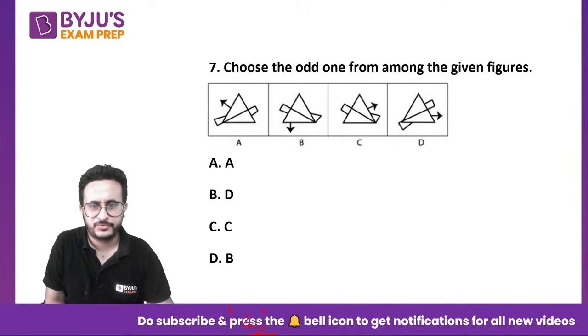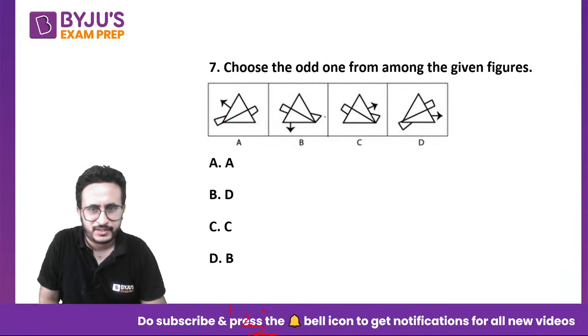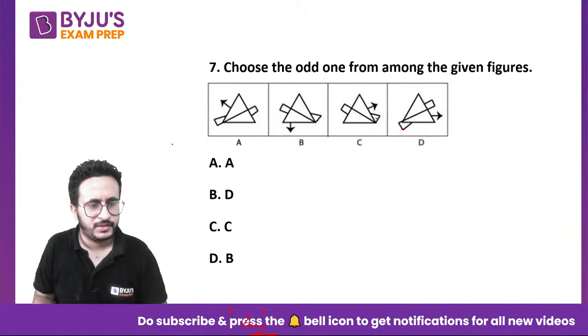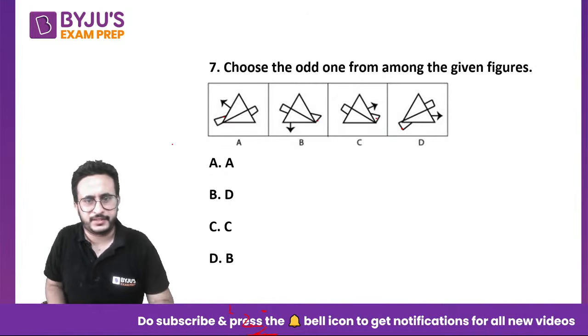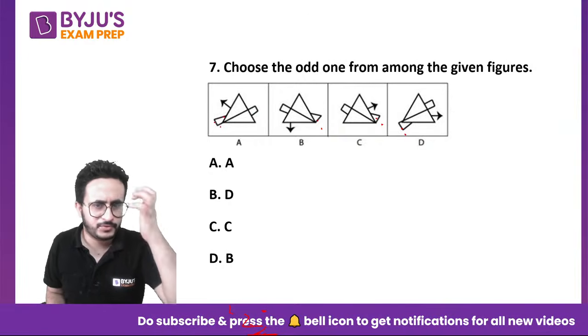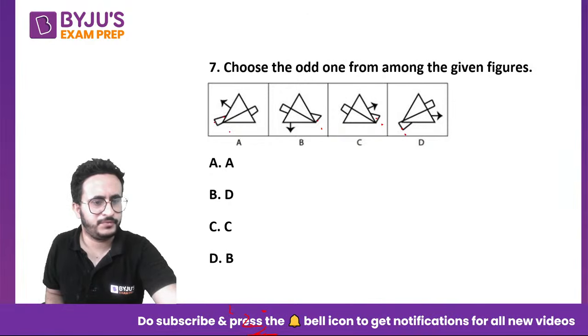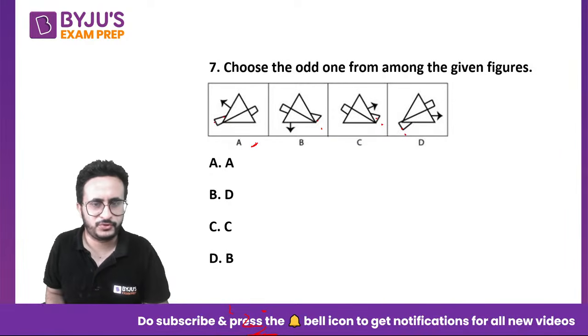These have one arrow and two sides. If you see this, there are two quadrilaterals. Here we have a rectangle, not exactly a rectangle, and it has a triangle. This also has a triangle, sort of, right? But this does not have an entirely triangle. So these three are triangles, and this has a quadrilateral, trapezium sort of thing, on this side. So that could be one reason for odd one out.